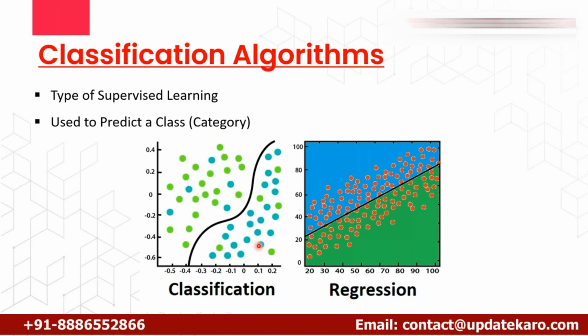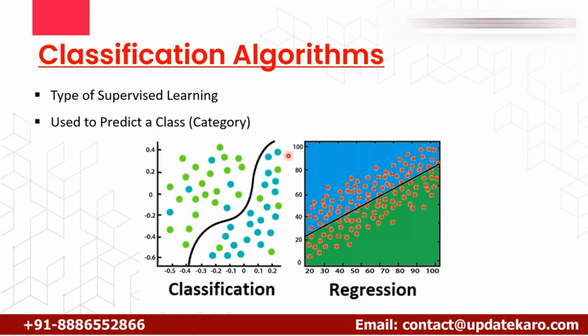We can visualize data up to 3 dimensions, but we can't visualize 10 dimensions. So just to understand the concept of classification, from this plot you will understand what classification is.